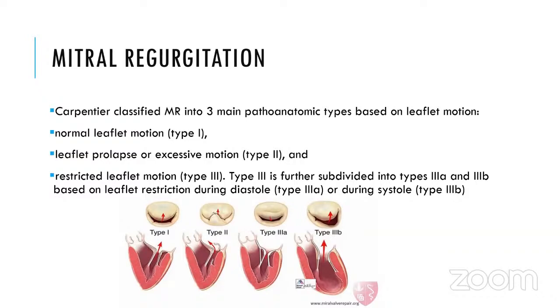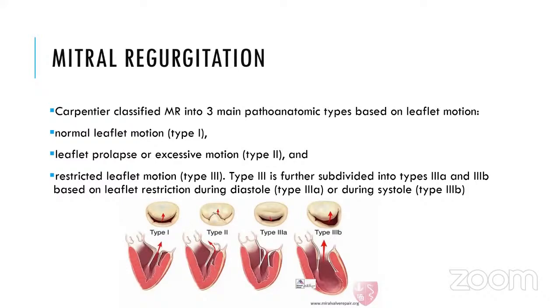Type 1 is normal leaflet motion, which can be found in patients who suffer from non-ischemic cardiomyopathy or dilated cardiomyopathy. Type 2 is leaflet prolapse or excessive motion, which can be found in patients who suffer from chordal rupture or elongation.